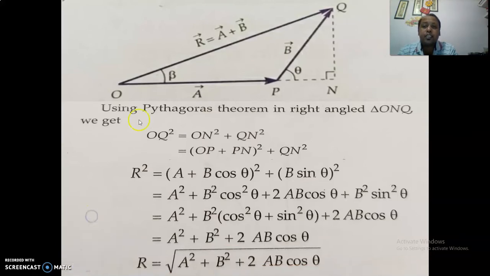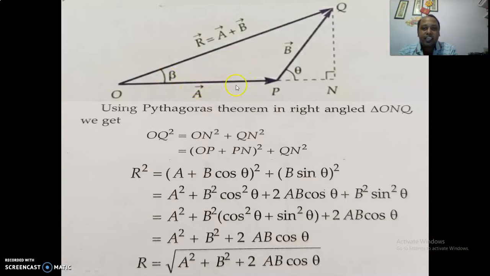Now see here, when we consider a vector quantity, the resultant vector is given by vector R. We have calculated the length of vector R, that is the magnitude of vector R, which is root over A square plus B square plus 2AB cos theta. Now we need to find the direction. Always remember, whenever we locate a direction, it is with respect to a known direction.